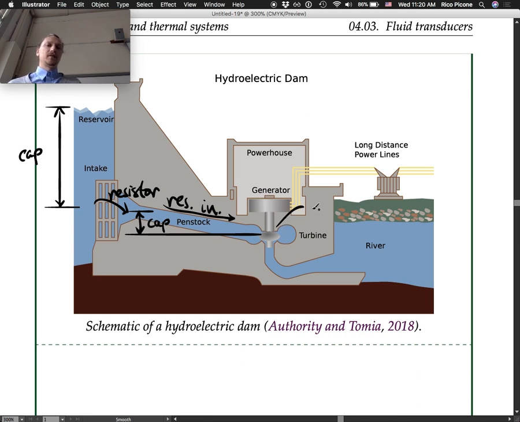So, transducer. And then on the mechanical side, there's going to be some rotational inertia, and there's going to be some damping from the bearings.